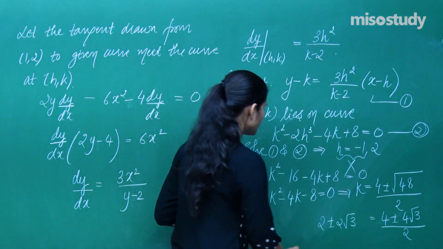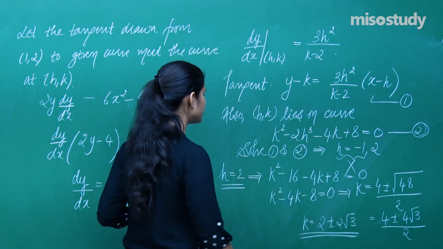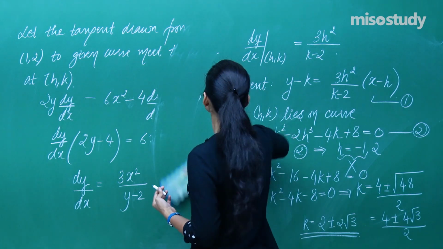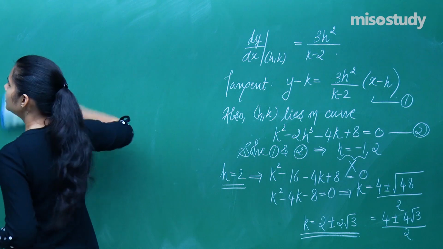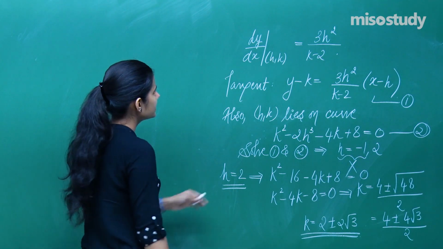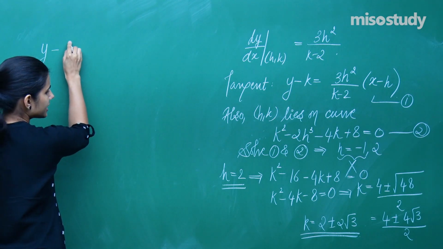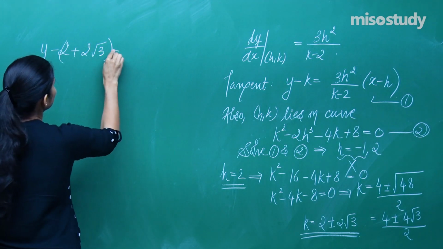So corresponding to h equals 2, k is coming out to be 2 plus minus 2 root 3, and therefore what is the equation of the tangent drawn from 1 comma 2? It is y minus k. So y minus k is what? 2 plus 2 root 3 equals m.